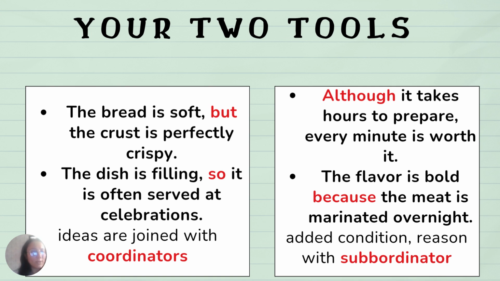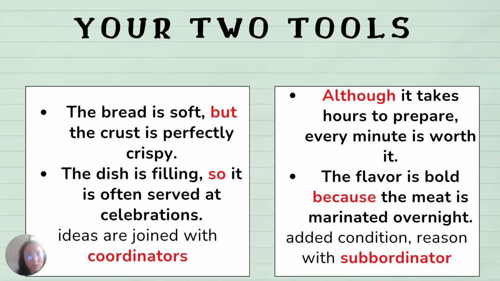Okay, with subordinators, look at the second square. So we've got one example here. Although it takes hours to prepare, every minute is worth it. Although, so you can see the contrasted ideas here. The flavor is bold because the meat is marinated overnight.